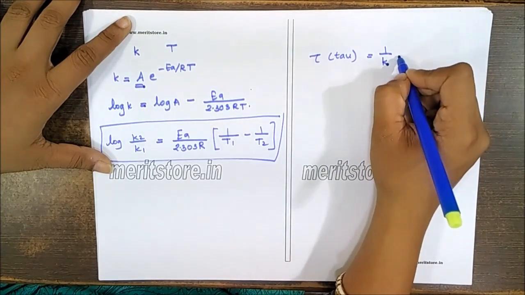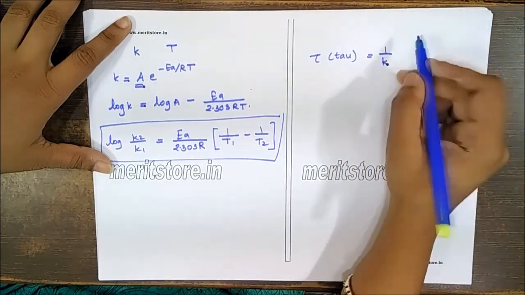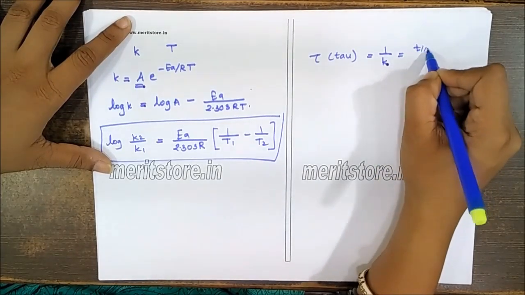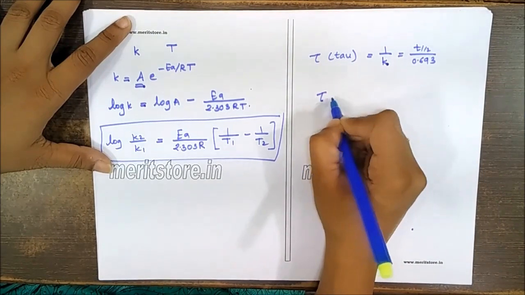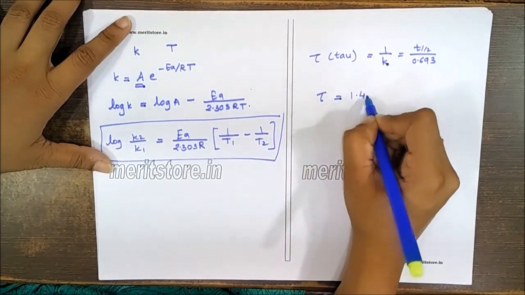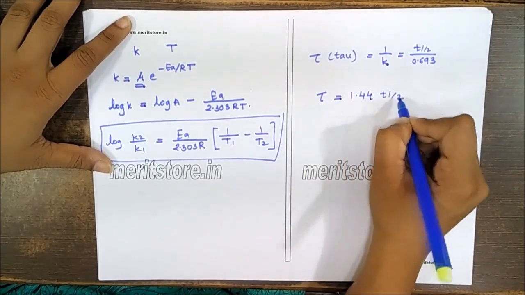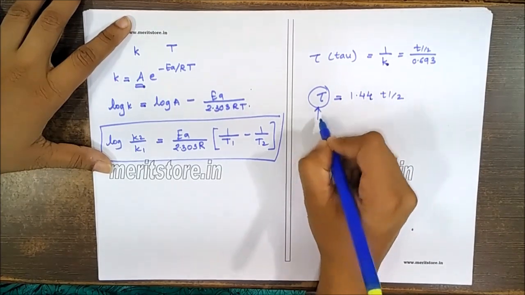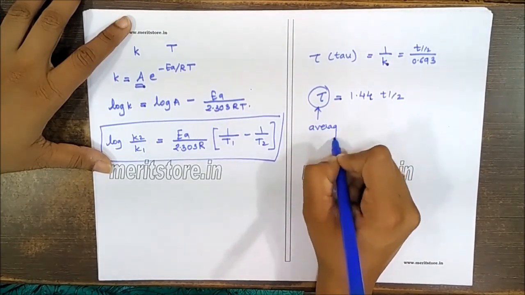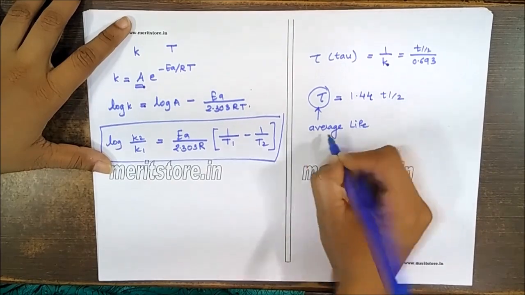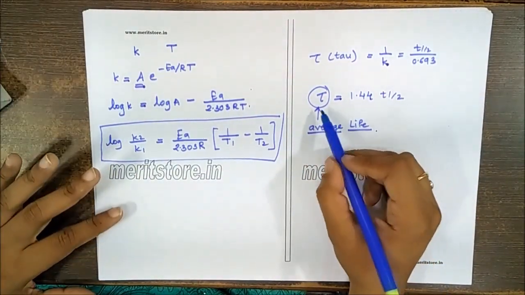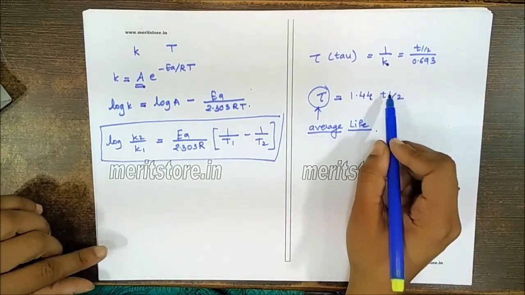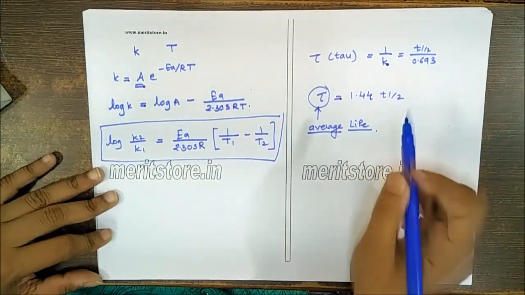We know that K = 0.693 upon T half, so tau = T half upon 0.693. In short, tau = 1.44 into T half. Again I am repeating, tau is called the average life. So the average life for any radioactive element is calculated with the formula 1.44 into T half.